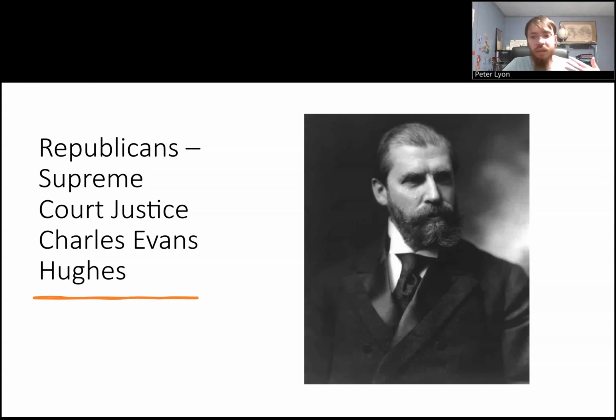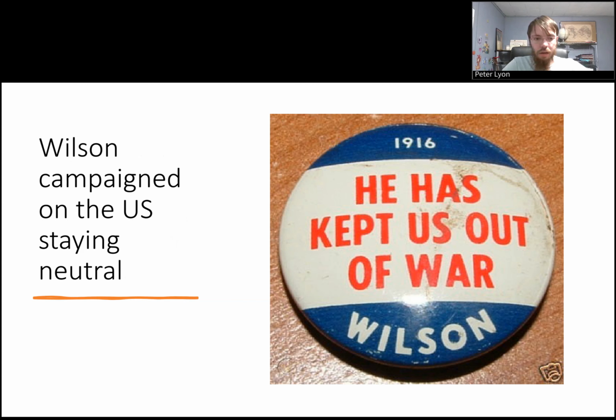So the major issue he's going to work on is that he kept us out of war. Wilson campaigned on the United States staying neutral in the conflict, which he had.